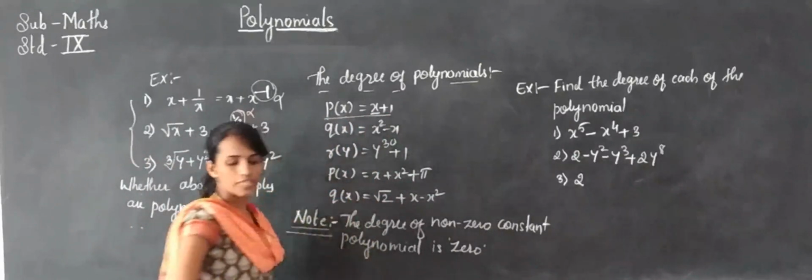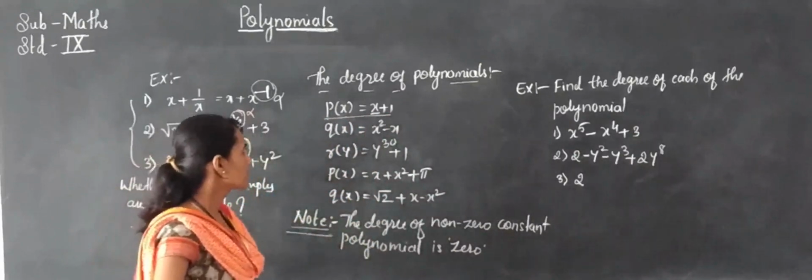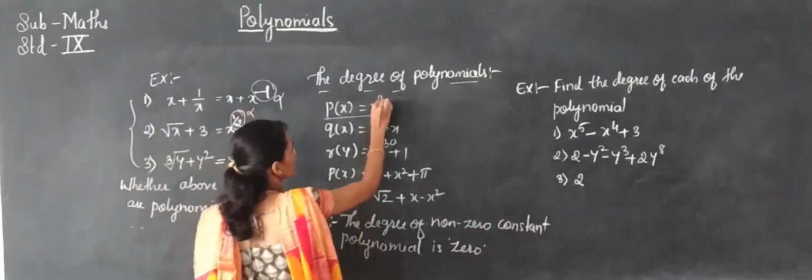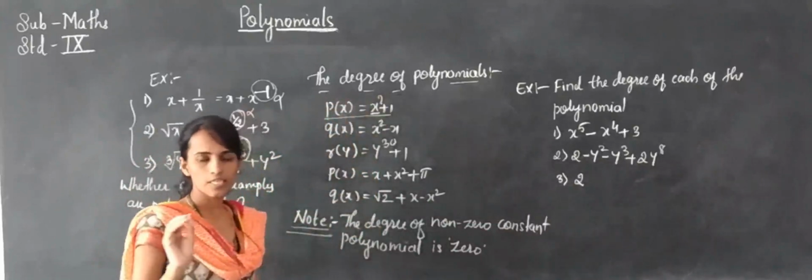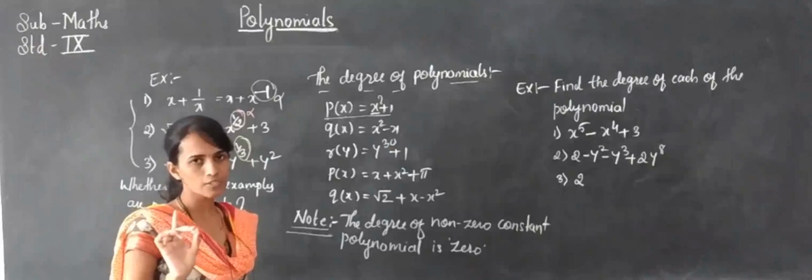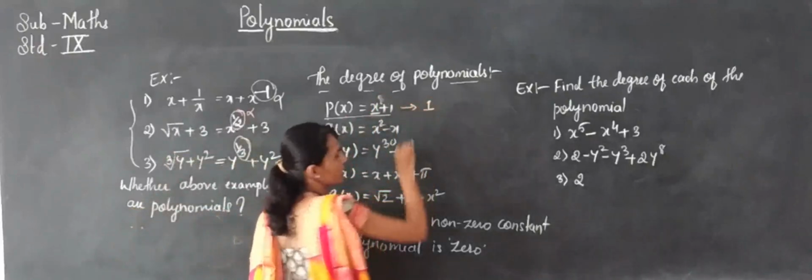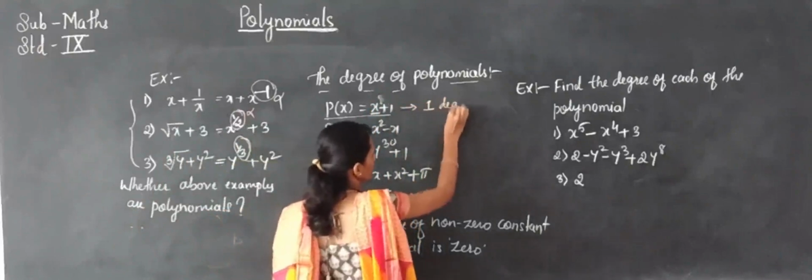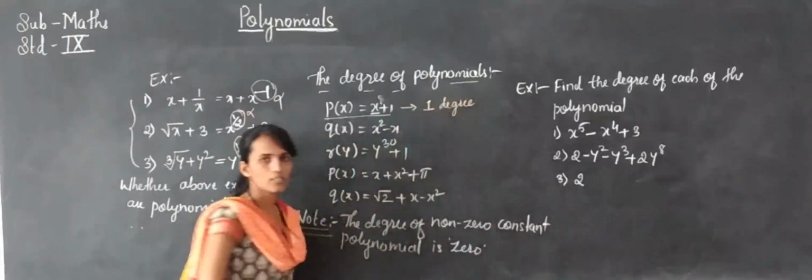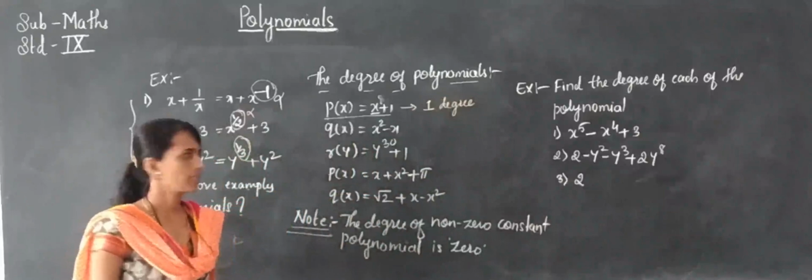So what is the degree of x here? Nothing is given, so we have to consider it as 1. Therefore the degree of the polynomial is 1 here.